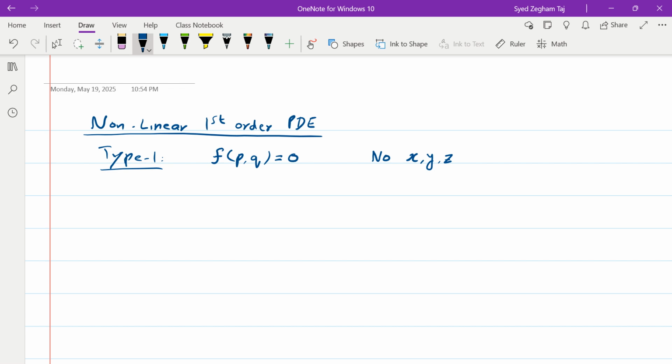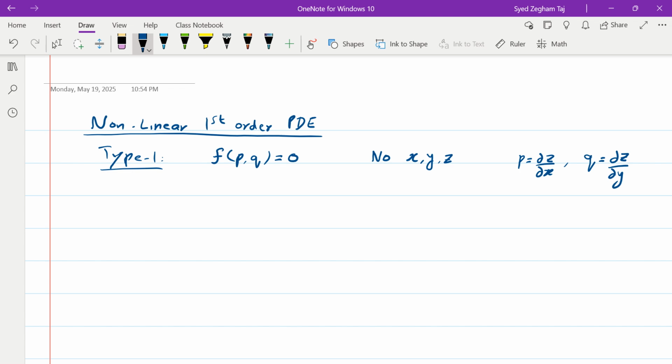And as you remember, the notations we are using here are p, which represents dou z by dou x, the partial derivative of z with respect to x, and q, that is dou z by dou y, the partial derivative of z with respect to y.